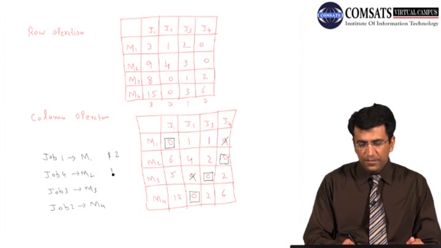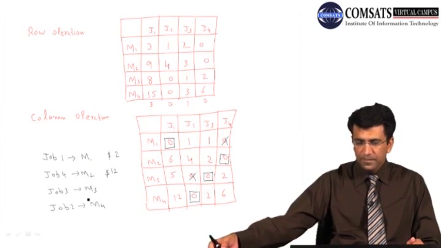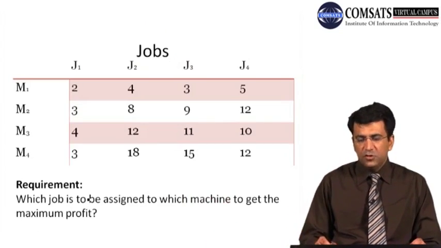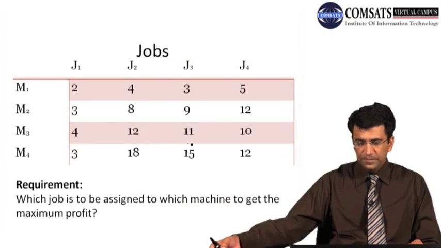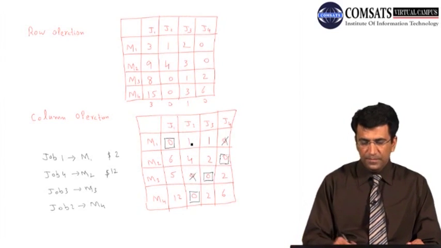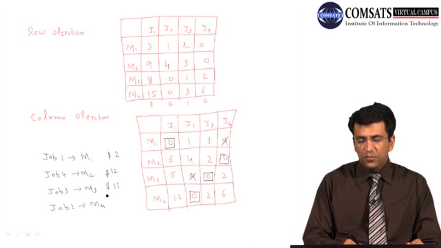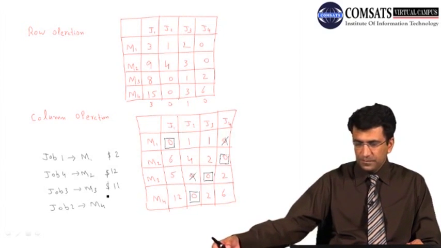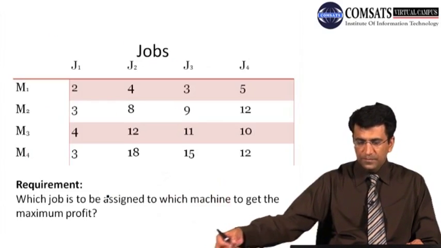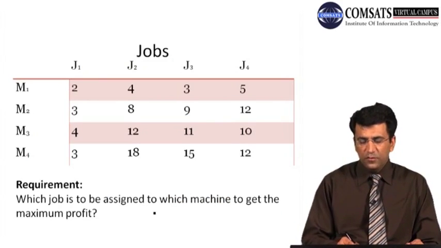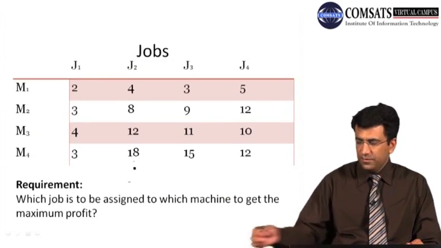So this value will be $12. Then job 3 to M3. You can see job 3 to M3 has the profit margin of $11. Then job 2 to M4, the profit margin is 18 here.